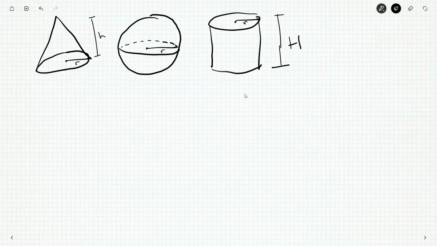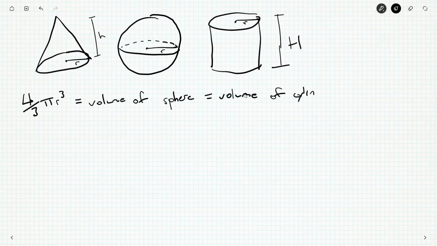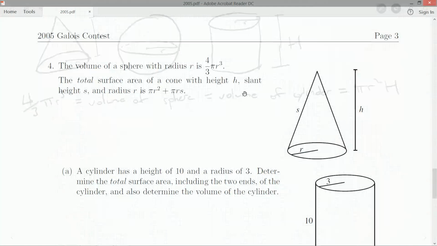So we know that 4/3 pi r cubed is the same as volume of the sphere, which we're told is same as volume of cylinder, which is h pi r squared. So we'll put pi r squared h here. Right?